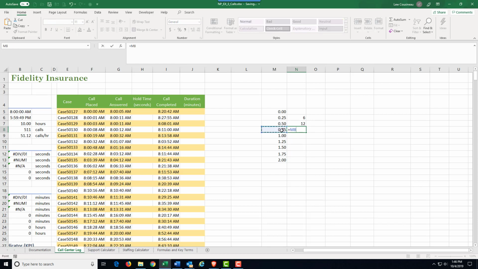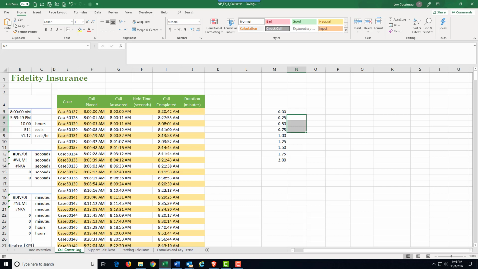If I multiply that times 24, it gives me 18, which in military time is 6 p.m. 1800 hours is 6 p.m. And so all we're dealing with is fractions of a day.